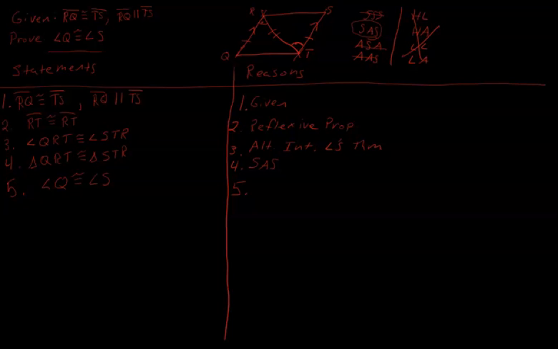Well, given that the two triangles are congruent, their corresponding parts must also be congruent, and here the order of the congruent statement in number 4 tells us the corresponding parts, that Q and S are corresponding parts, therefore they must be congruent. That is because corresponding parts of congruent triangles are congruent. That is CPCTC.